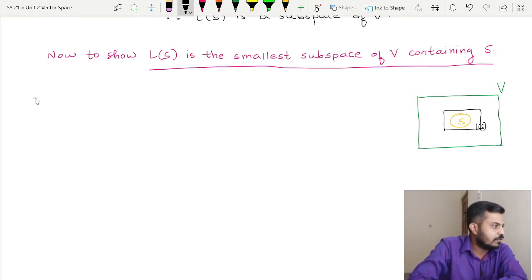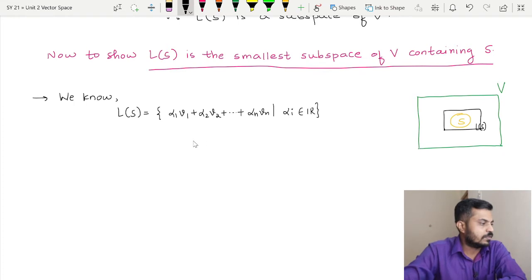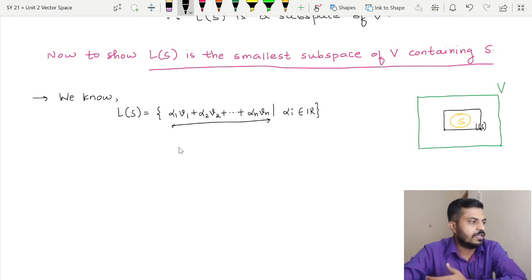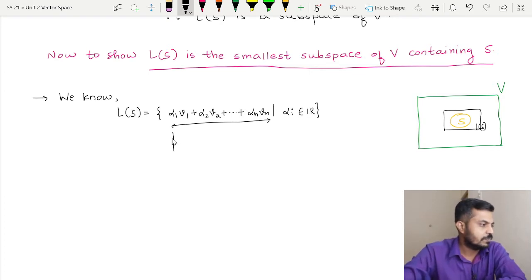Let me write it here. We know our L of S is nothing but the set of all alpha 1 V1 plus and so on. Now, as I told you before, L of S contains finite linear combinations of the vectors V1, V2 up to Vn, in fact all possible finite linear combinations.